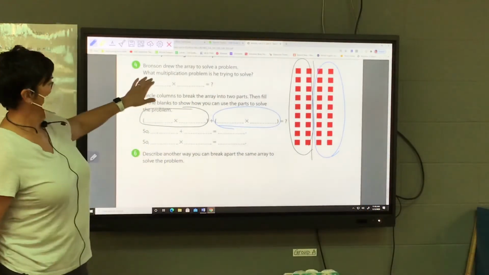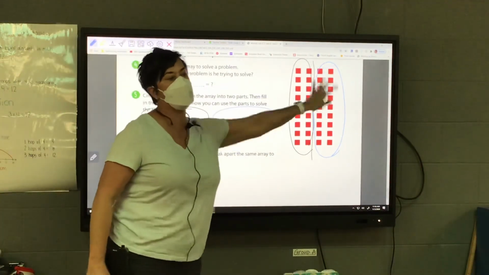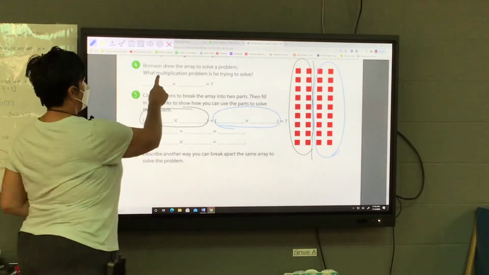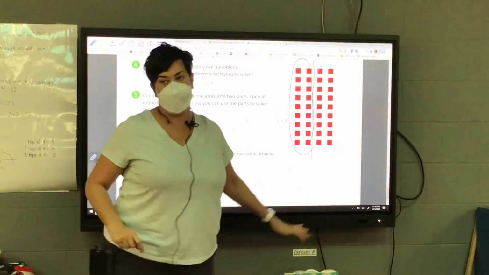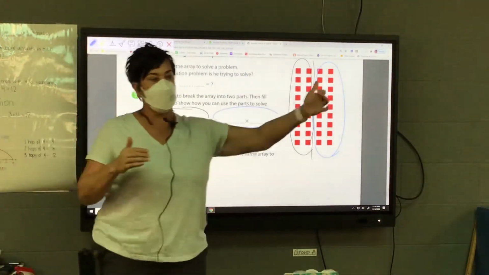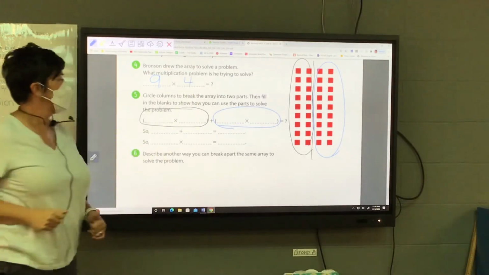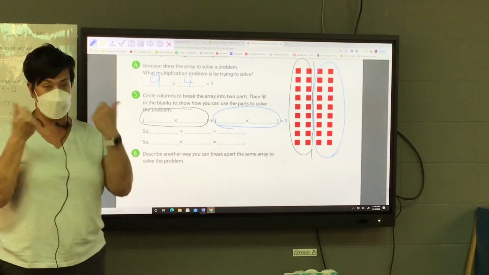All right, so friends, how many rows are in this whole entire array? 9. 9, right? And in the whole entire array, how many are in each row? 4. So that's the whole thing. But you broke it apart.